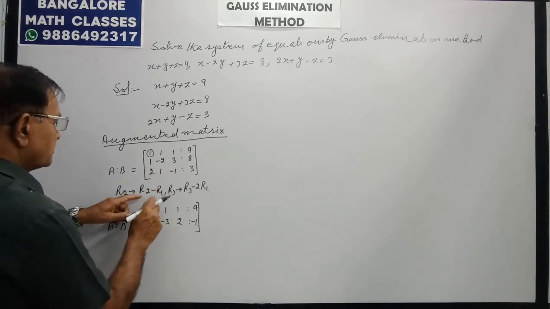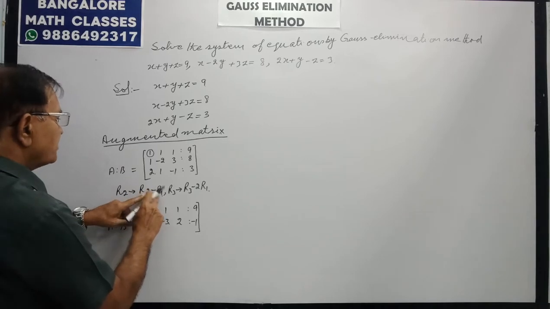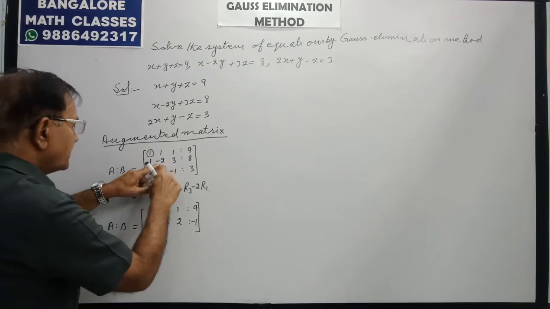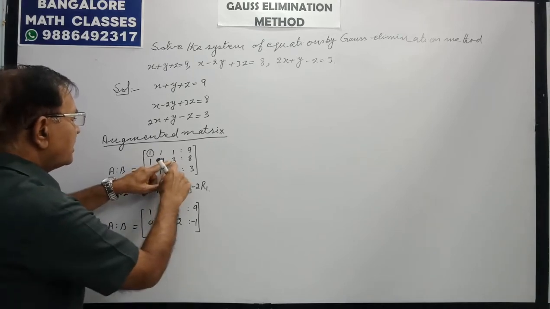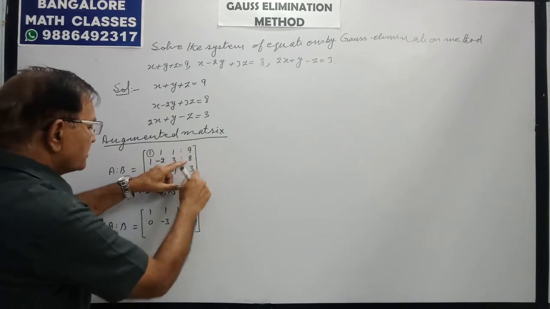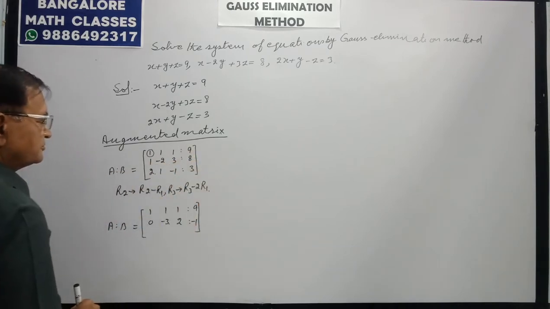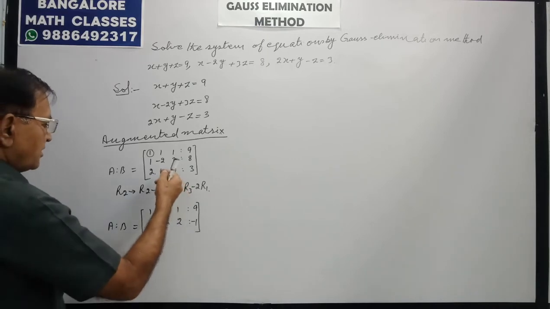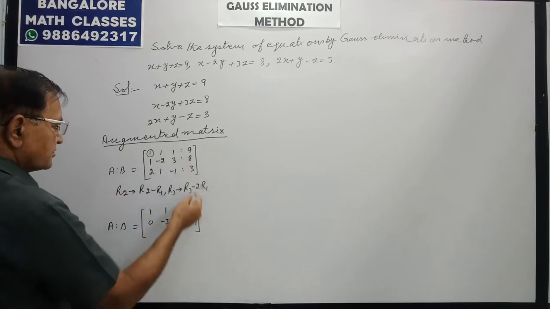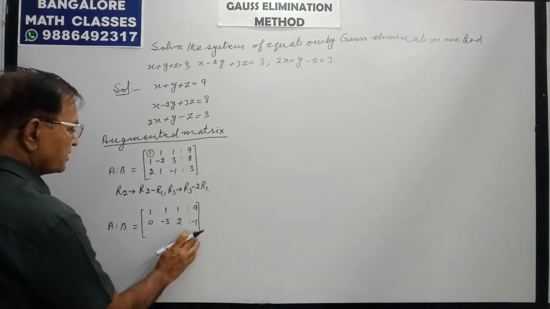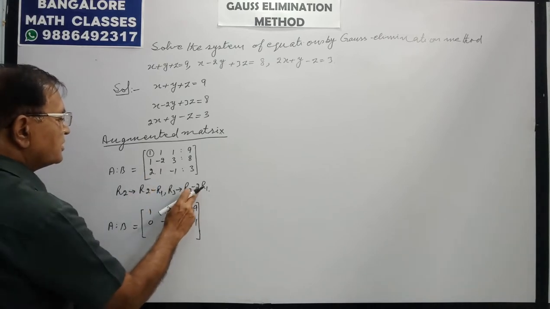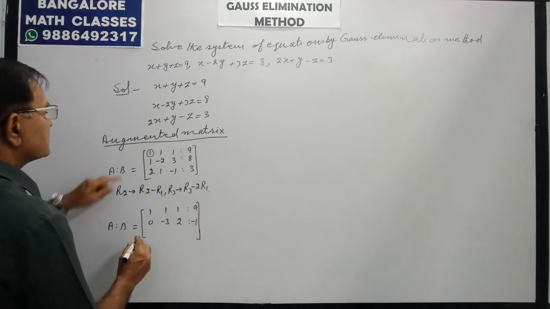Let me repeat it: R2 minus R1 gives 0, minus 3, 2, minus 1. All R1 entries are with the negative sign. So this is what we will get. Then to get 0 here, take double of R1 and subtract.